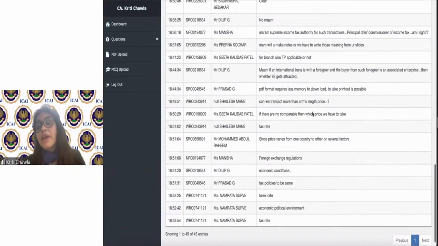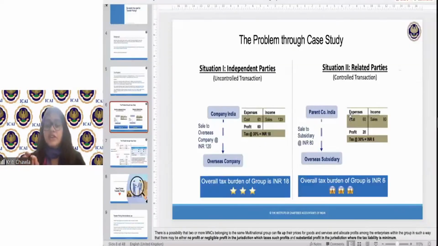If there are no comparables, then which price do we have to take? Well, if there are no comparables, then it becomes very difficult. And this is where we have 5 methods in transfer pricing. You have to make sure that you use another method in transfer pricing. I'm going to those particular methods also going forward.